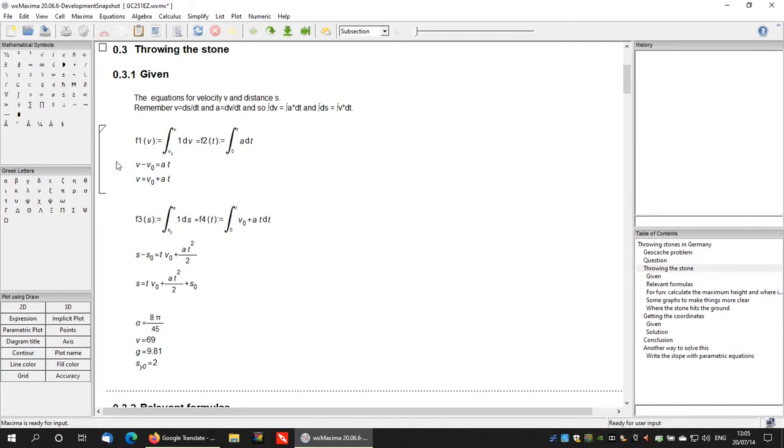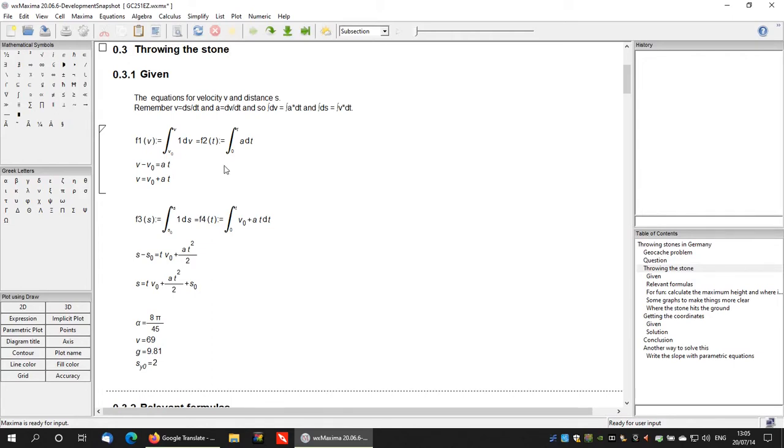So if we do dv from v0, v0 being the starting speed, and set that equal to a times dt from 0 to t, we get v minus v0 is a times t, or v is v0 plus a times t.